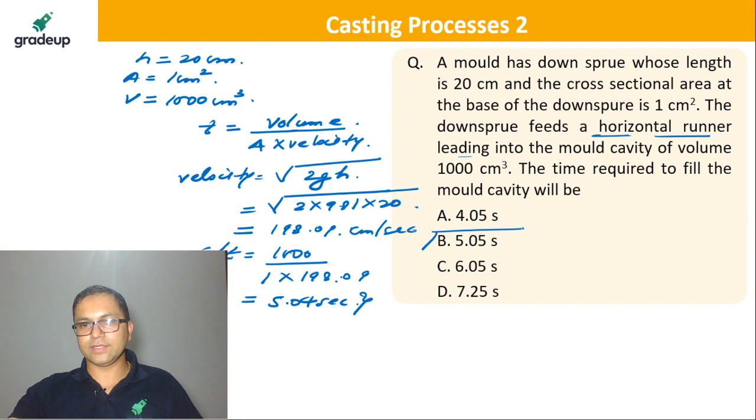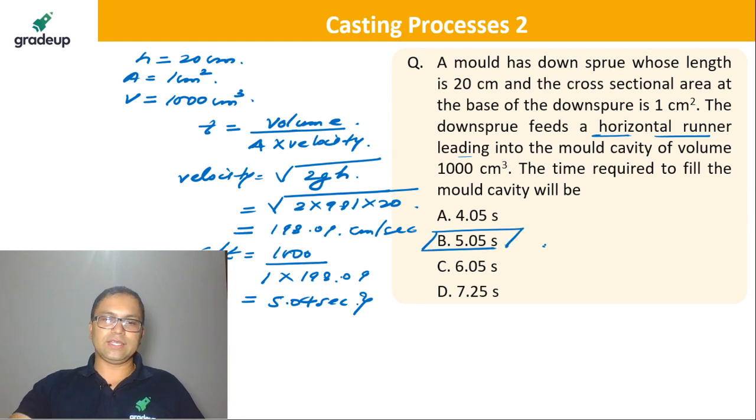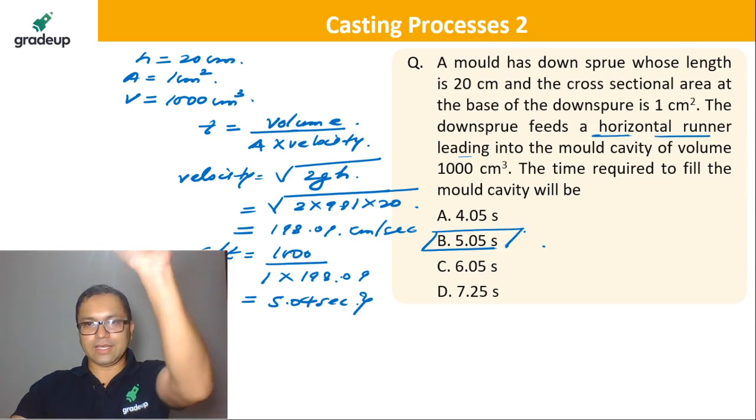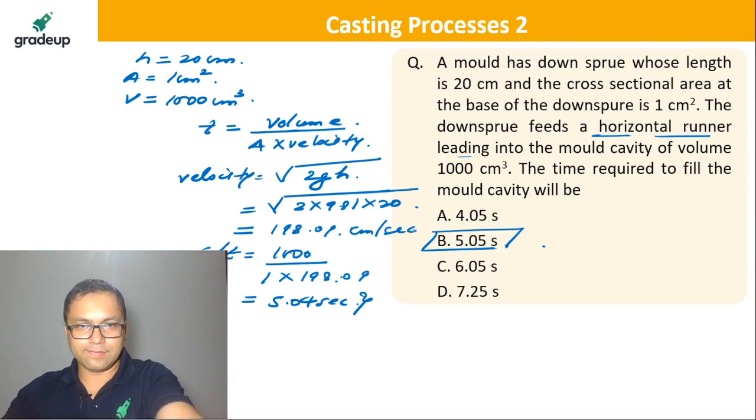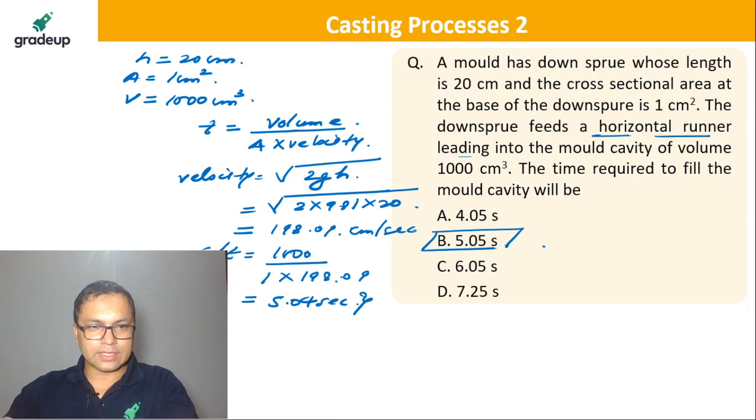Is that good? Yep. So B is the correct option here. Are you guys getting this? Hello? So this is the formula of time taken to fill a mold cavity, okay?